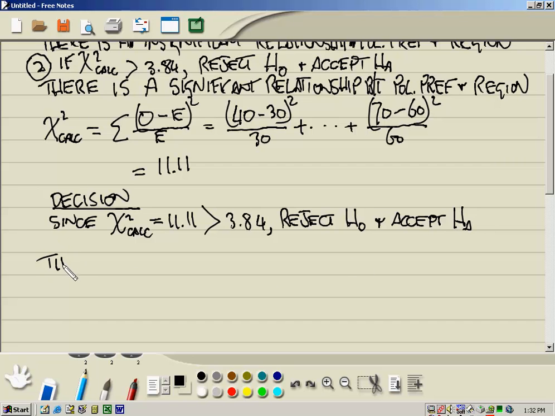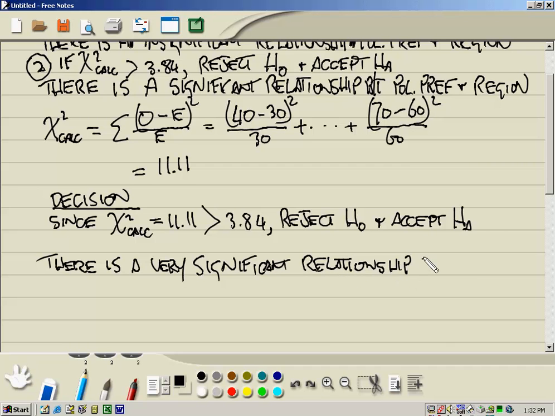And you can say there is a very significant relationship between our two variables, political preference and region.